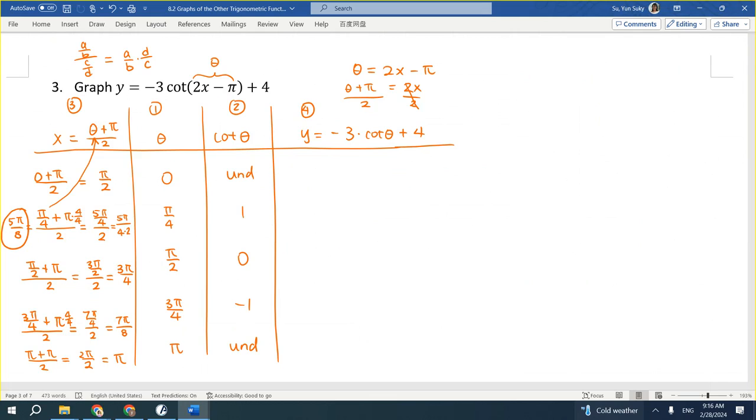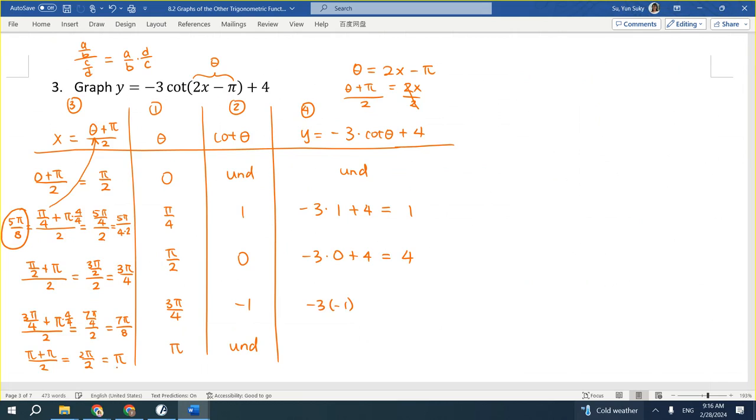Well, if it's undefined, what do you get? Undefined. Then here, minus 3 plug in cotangent is 1 plus 4. What is that? 1. When we plug in 0, what do we get? 4.